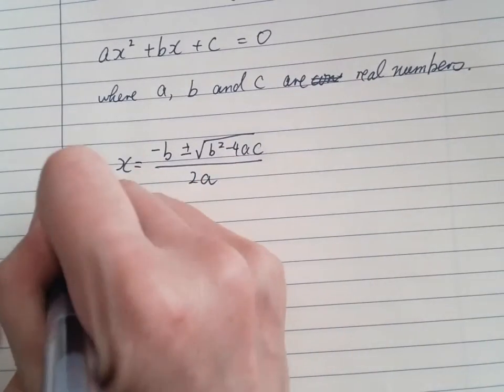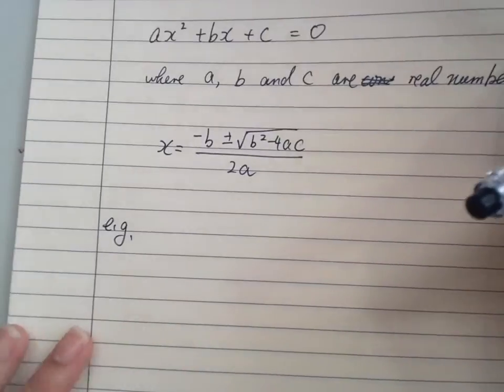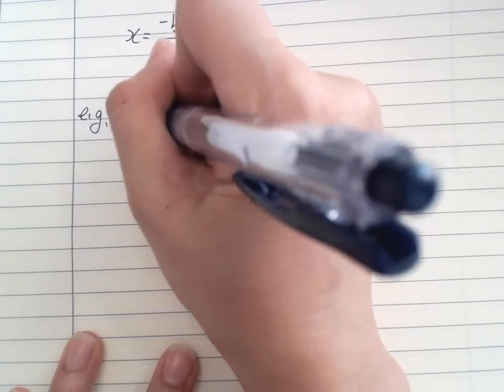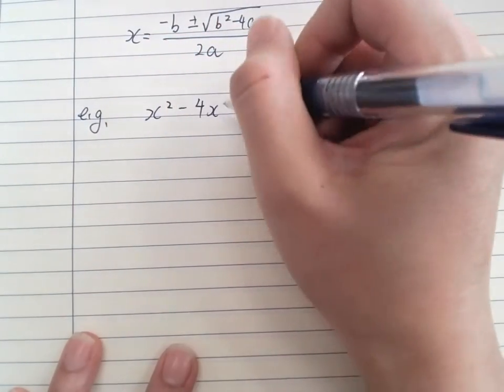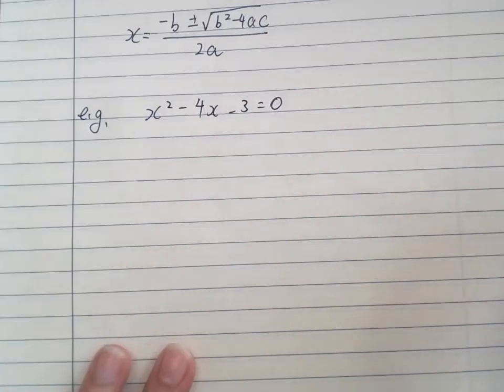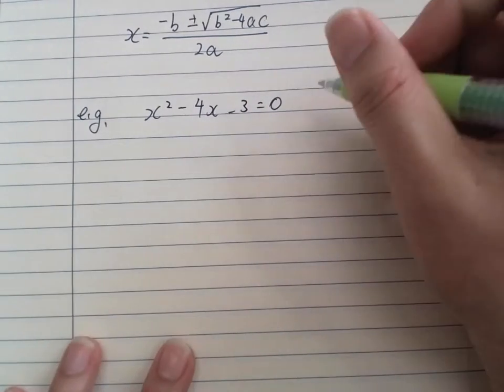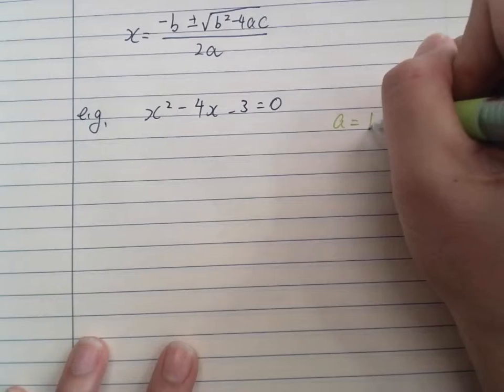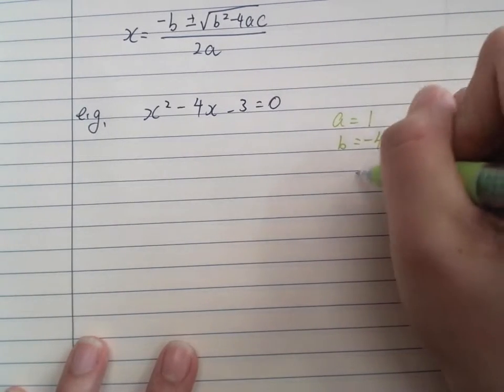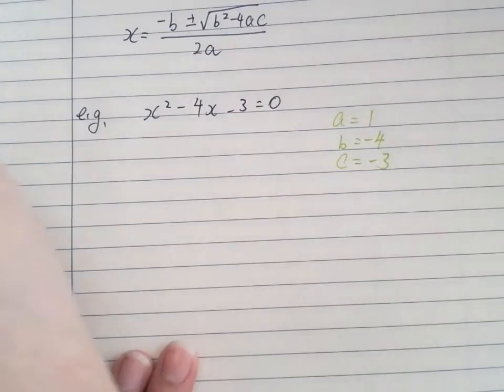So for example, we have x squared minus 4x minus 3 equals to 0. So in your mind, you will be thinking of a is 1, b is -4, c is -3.